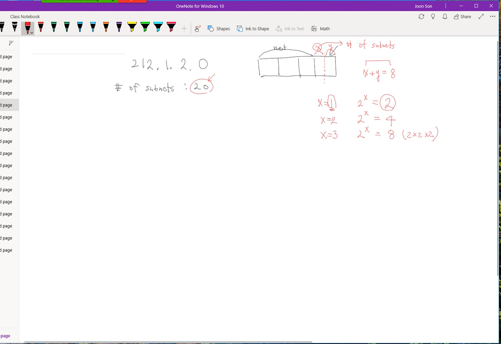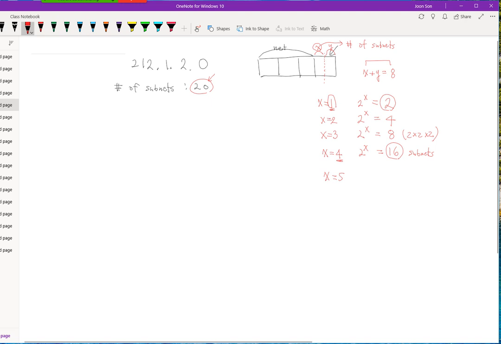Still below 20. When X is equal to 4, 2 to the power of 4 is 16. So I have to go further because it's still below. With 4 bits, I can only create 16 subnets, which is still below what is required. So I'm going to go one more.